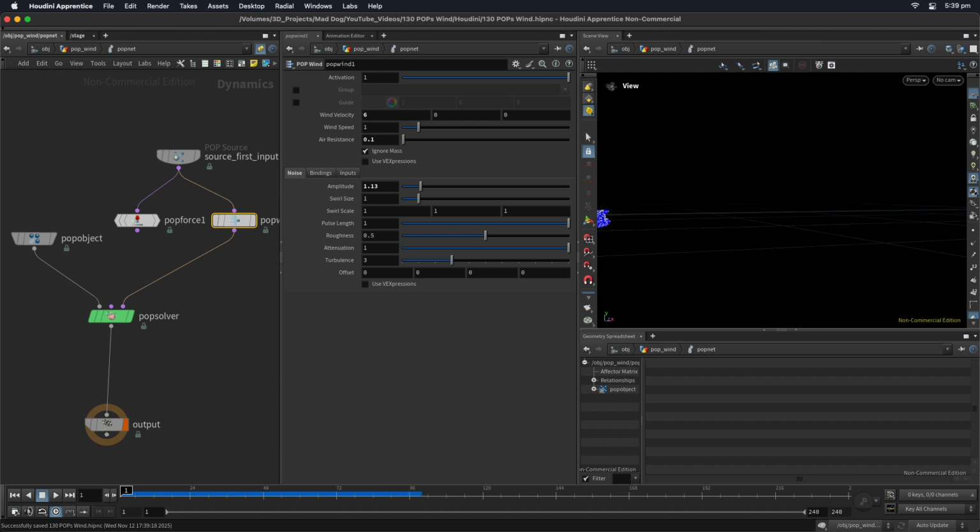So this resistance is kind of a bit messed up. I'd have thought increasing the number would increase the resistance, but it doesn't. The lower the number adds resistance, and the higher the number decreases that resistance. Okay, and all it's doing is slowing it down before it can get to its target velocity, which in this case would be 6.